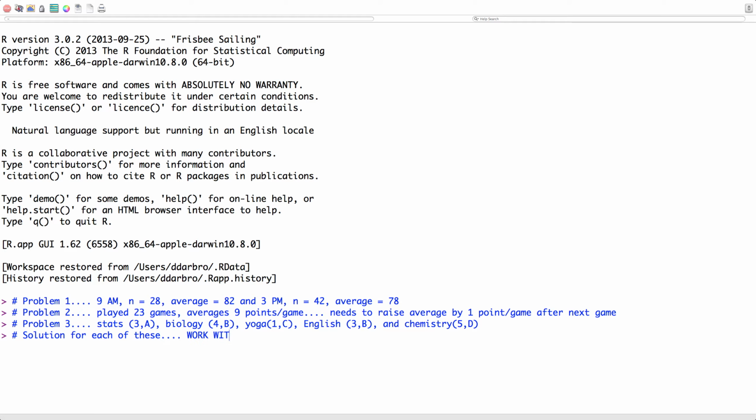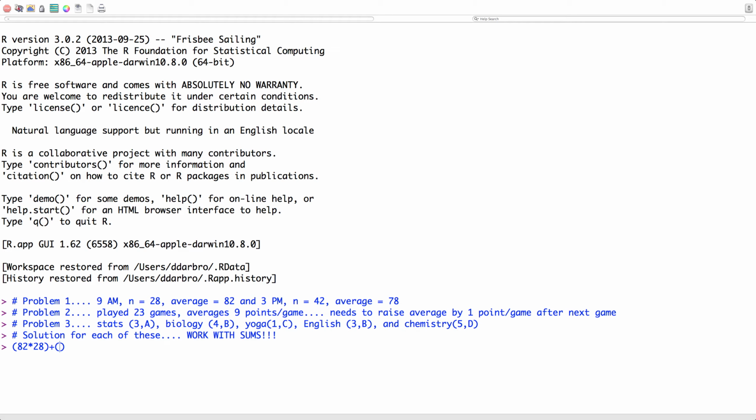Work with sums. You guys remember again, we find sums by taking the mean times the sample size. So for the first problem, what I would need to do is take the mean, which is 82, multiply it by the number of students, which is 28.